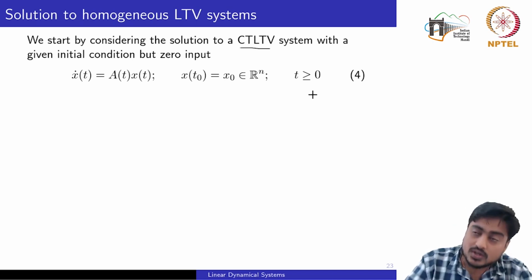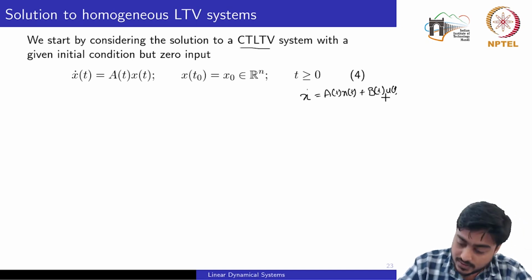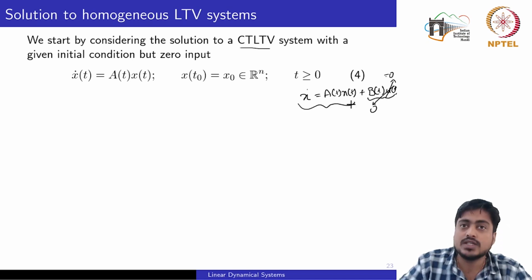If we recall the initial representation of the state space, it was x dot equal to A(t) x(t) plus B(t) u(t). Now we are taking u(t) equal to 0, so this whole part goes to 0, and we are dealing only with the homogeneous part.